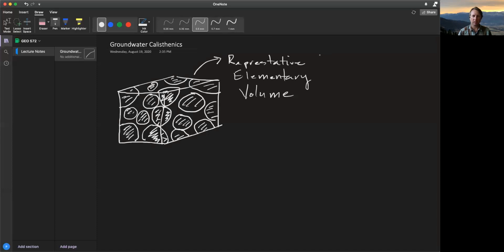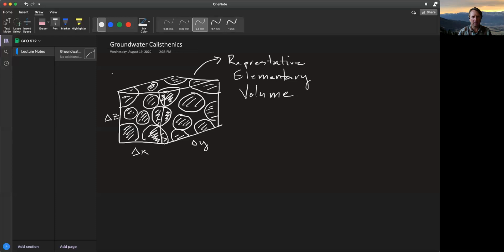And remember, the REV is like this magical scale where we get these emergent properties of the porous media, where properties of the porous media emerge and achieve some average value that can then be smoothly varied through space. And we're going to give our elementary volume dimensions delta x, delta y, and delta z.